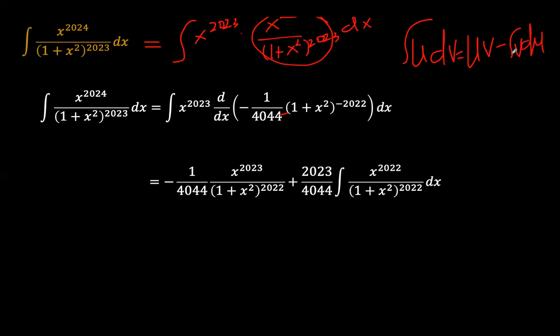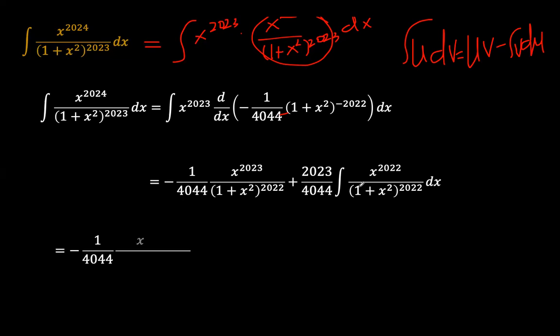And so our V is this here, and the U is what we have here. And then dU is the derivative of x to the power 23, which is 23 times x to the power 22. So this is the integral of V dU. And this minus sign here interacts with this minus sign, so we have a positive sign there.